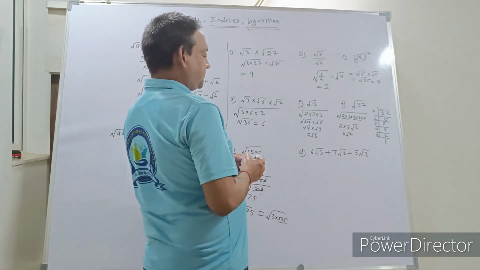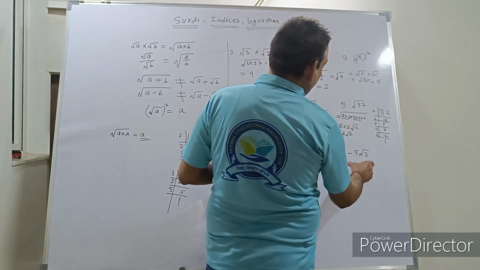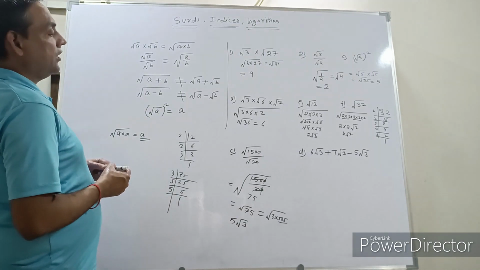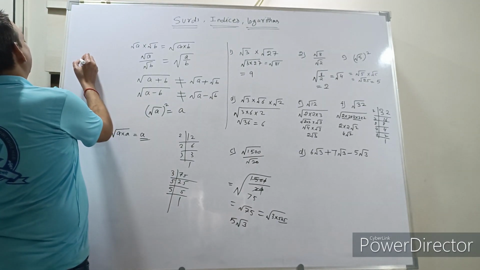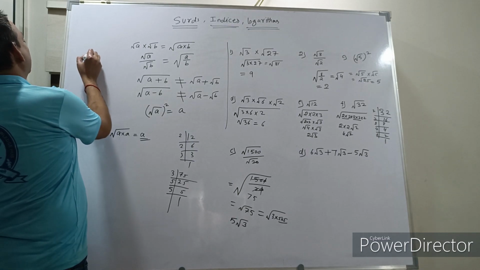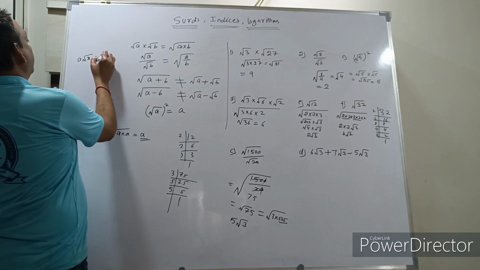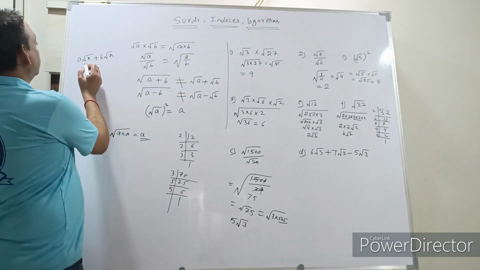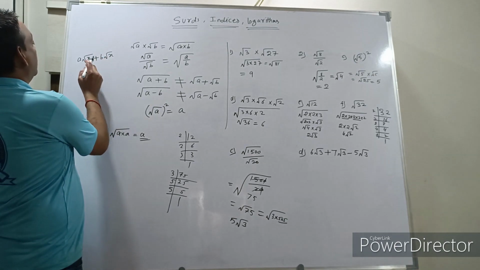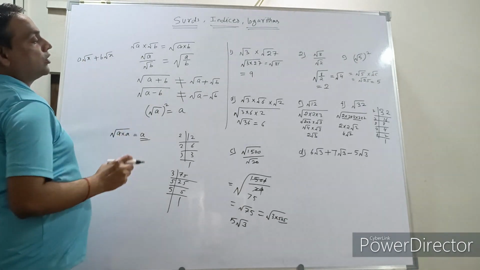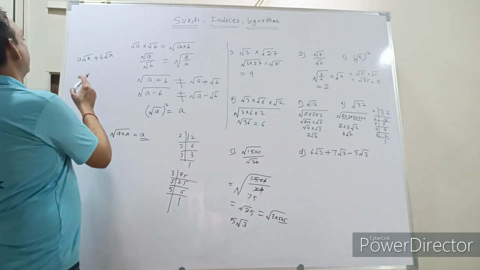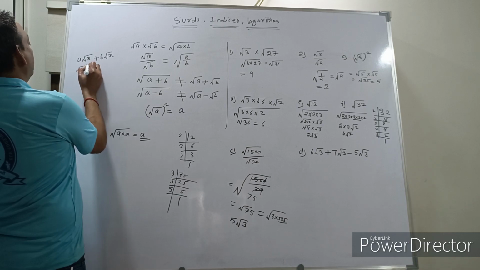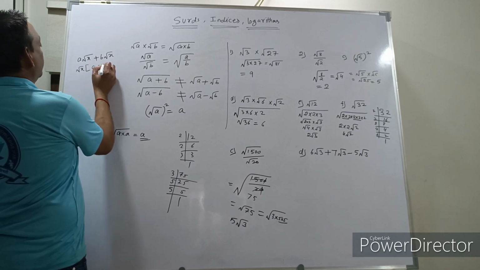Next one: this is also a property where we can add or subtract. We can add a root x plus b root x. If inside the root both the values are the same, both square roots or both cube roots, then we can add a and b. Indirectly we take root x common, so the remaining is a plus b.